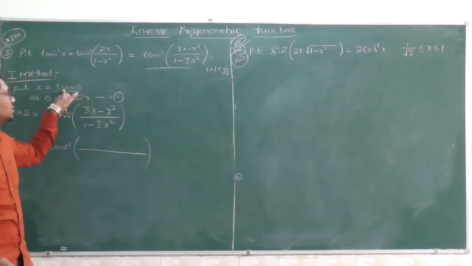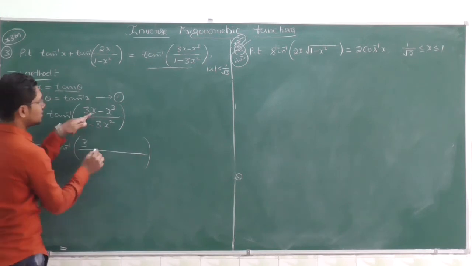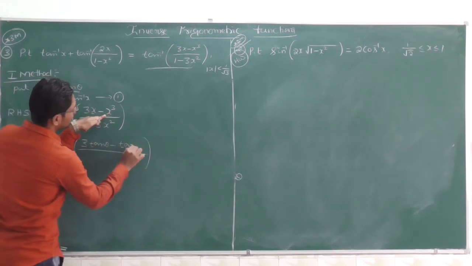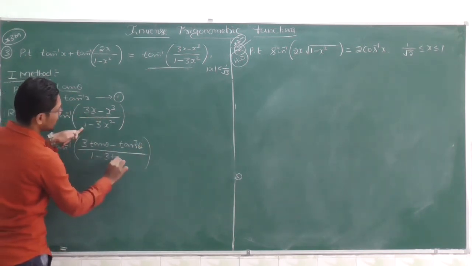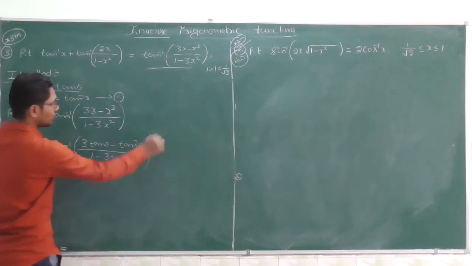That gives 3 tan theta minus tan cube theta divided by 1 minus 3 tan square theta.